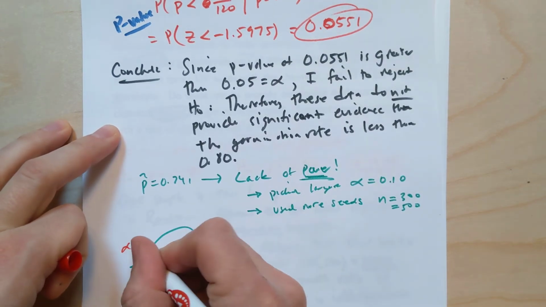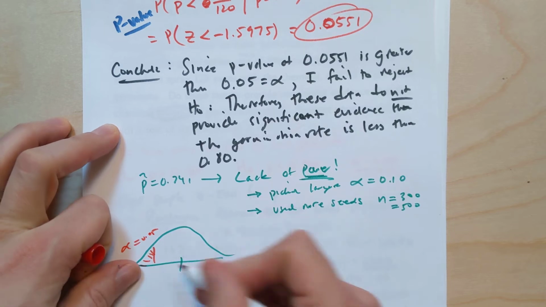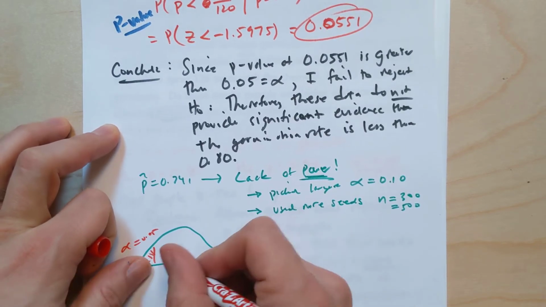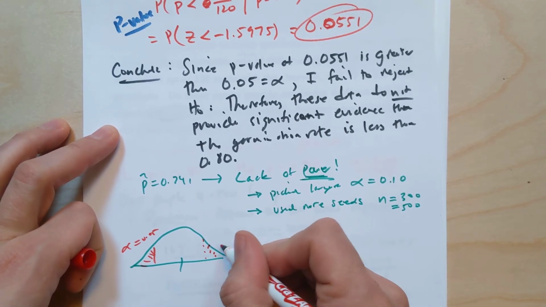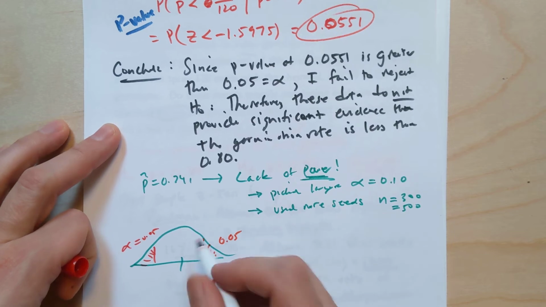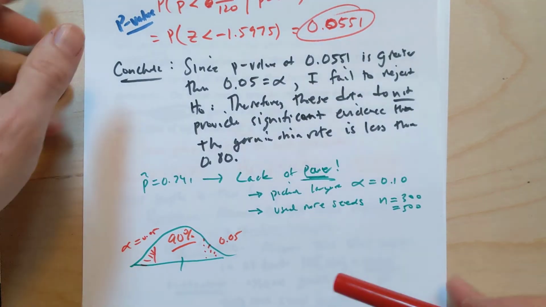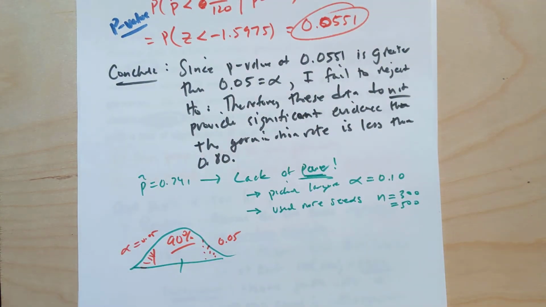That would mean that my alpha over here on the left is 0.05. Well, if I did a significance test with 0.05 on the left, you could always think that confidence intervals have to do with what's in the middle. But if there's 5% on this end, and this tail, then imagine that there was another tail here where there was also 5%, and there would be 90% left in the middle. And so a left-tailed test at 5% significance is kind of equivalent to a 90% confidence interval.